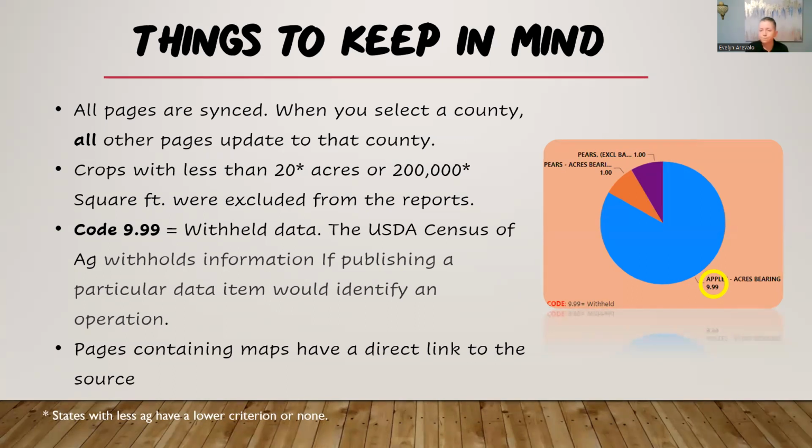They just put a D in their page, but we put a 999 to be able to show you this information graphically. So when you see a 999, just know that it was withheld by the USDA, not us. We'll talk more about this. And all the pages that contain maps have direct links to the source.